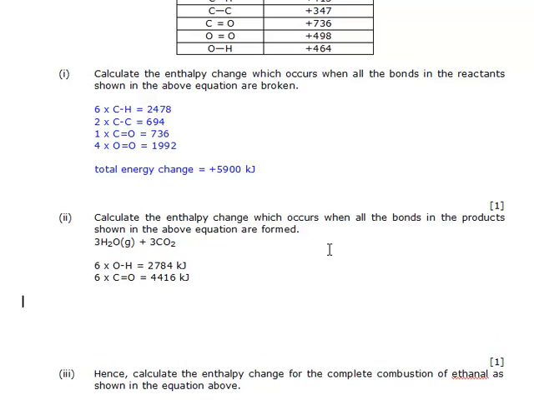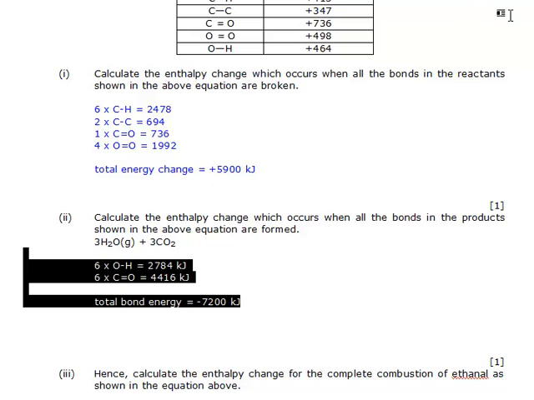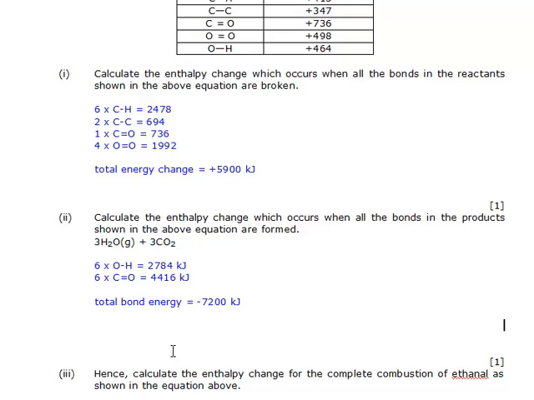So the total bond energy equals, in this case we're making the bonds, so it's negative, 4416 and 2784, 7200 kilojoules. Make this nice and blue.